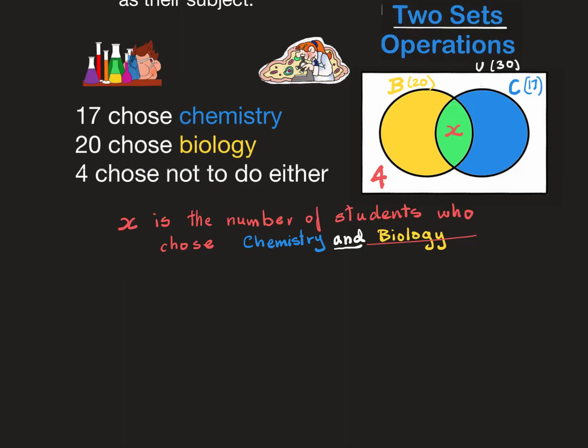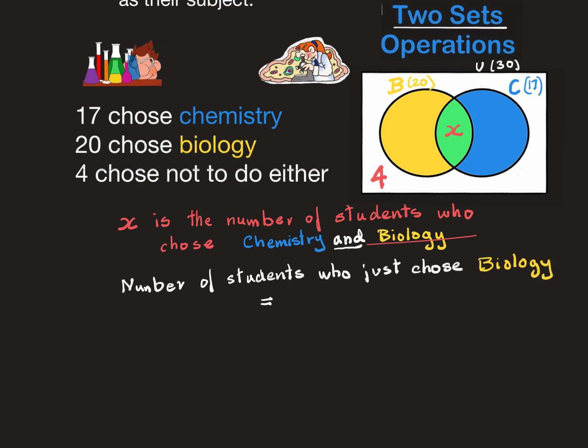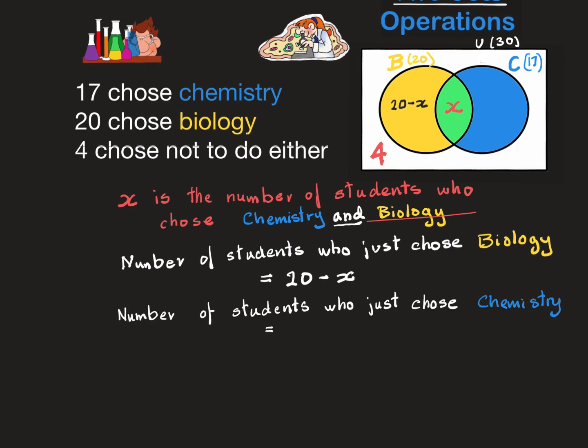So now I can say that the number of students who just chose biology is equal to 20 minus x. And I can put it on my set, 20 minus x. So now the number of students who just chose chemistry will be 17 minus x.